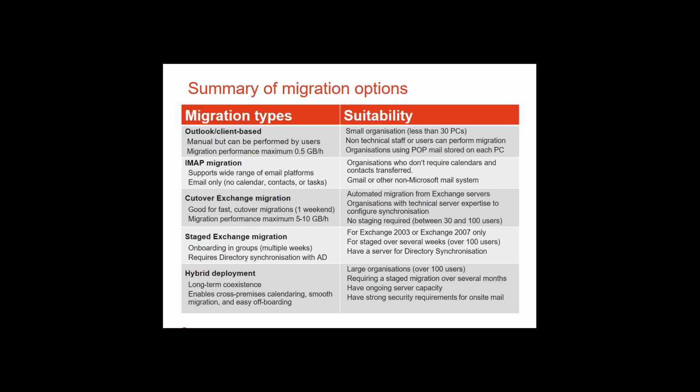What that means is you can migrate in small groups whenever you want over a period of time. We have some hybrids that stay in place for a year. Basically, it's your local Exchange and Office 365 working side by side, and gradually you move small groups of users from your Exchange over to Office 365.